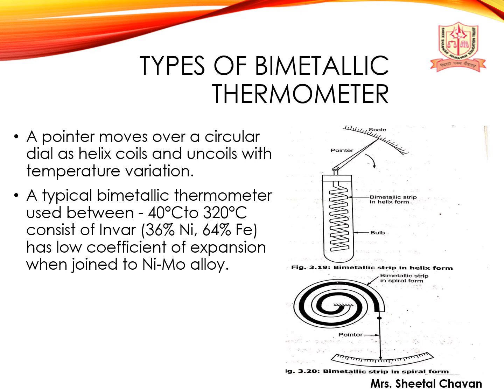So the types of the bimetallic thermometer, according to the shape of metallic strip, the first one is the helix type. So in figure 3.19 you can see the helix type of bimetallic thermometer, and the second one is the spiral type of bimetallic thermometer. So how the strips are arranged in a spiral form, you can see in the diagram, figure number 3.20.